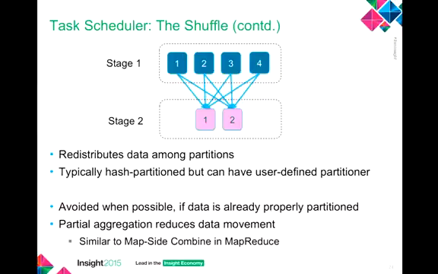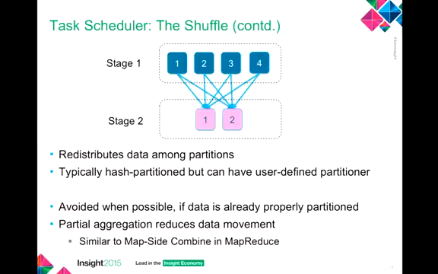Now, Spark usually tries to avoid this if it knows that the data is already partitioned in the right way, and then it is going to avoid the shuffle for you. Another thing to realize is shuffle can be a very expensive operation because you're moving data across. So you want to, if you can, not shuffle, right?